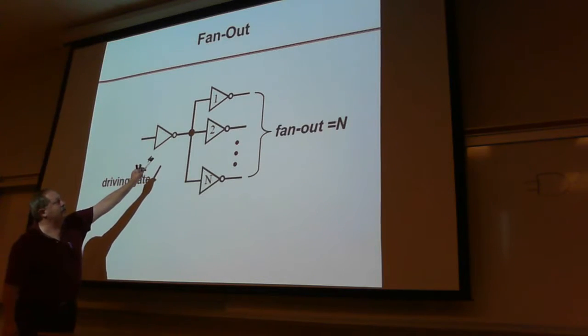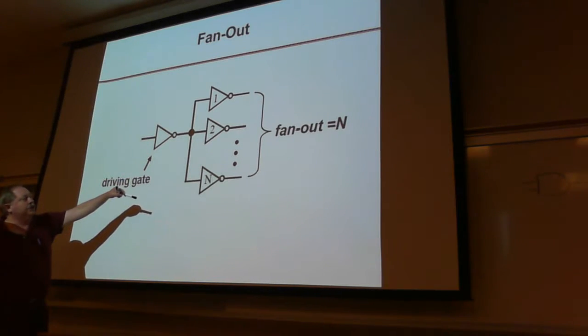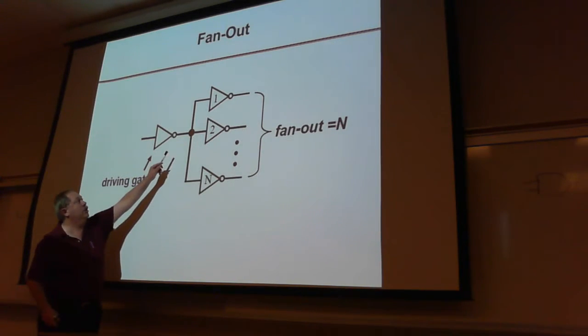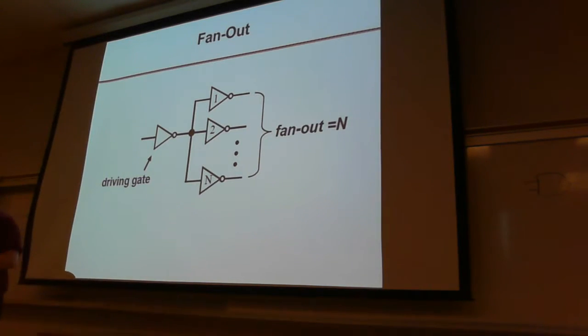This inverter here, I'm taking its output and sending it to the inputs of these additional inverters downstream from it. Notice in this drawing, I show that as a hard circle where I connect those two.